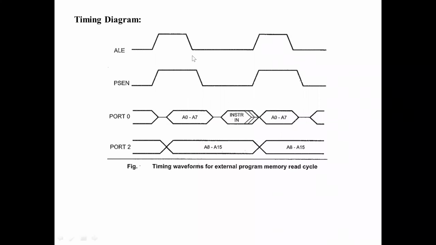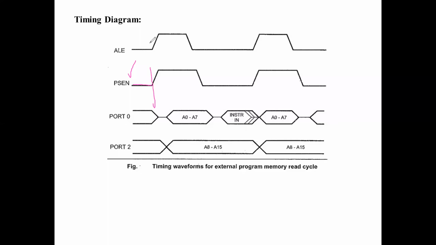This diagram shows the same thing. Initially PSEN is set to low so that the IC is selected.